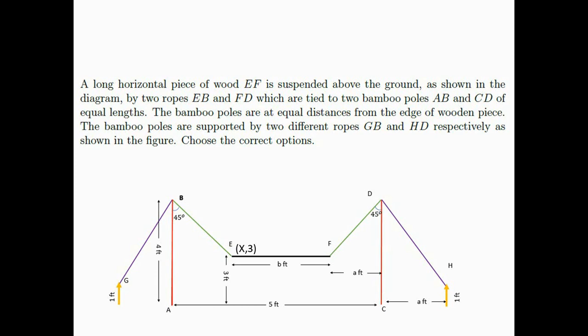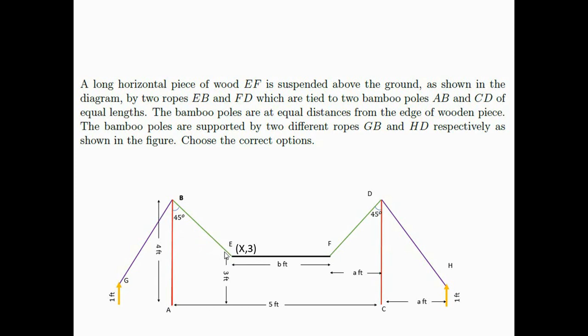Now, what we have to calculate is the distance of the EF, that is the wooden plank or wood, that is d feet, and another is the distance from the wood to the bamboo pole, which is given by A. Now, one method to calculate A is as coordinate of B is 0, 4, and the slope of the line BE is 45 degree.